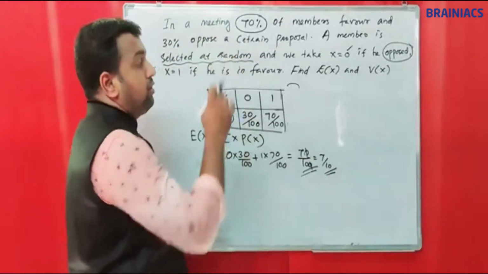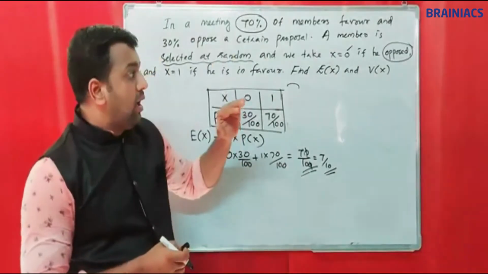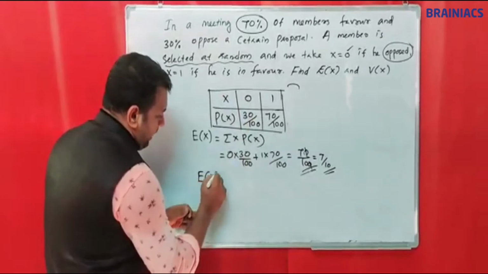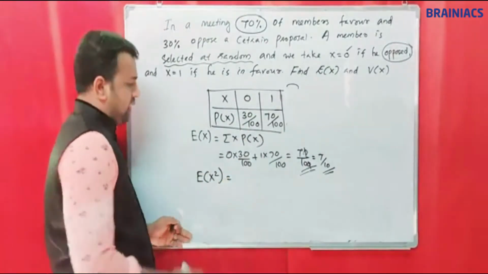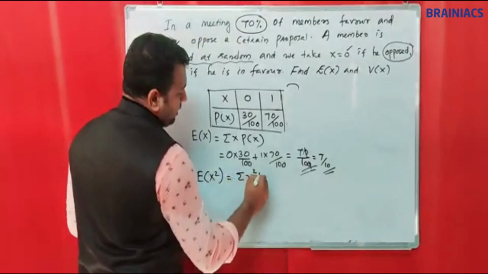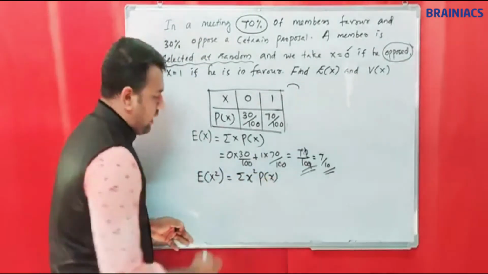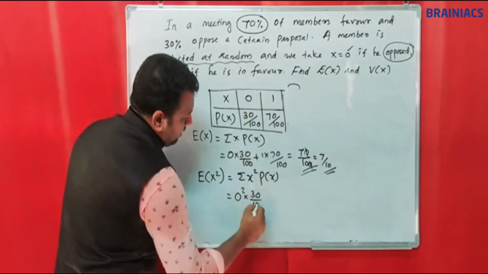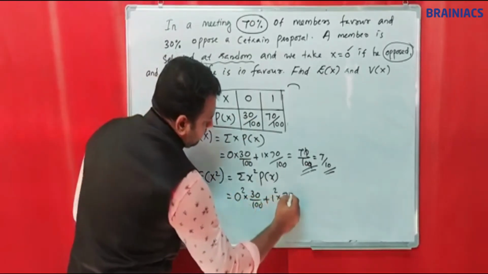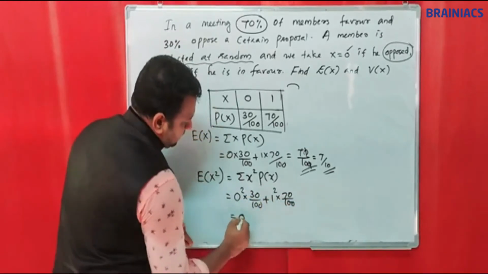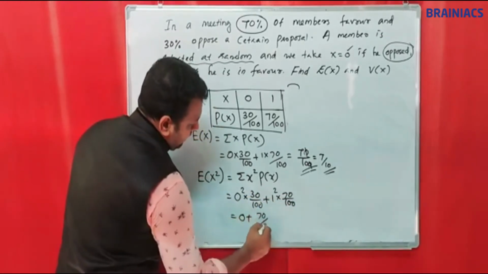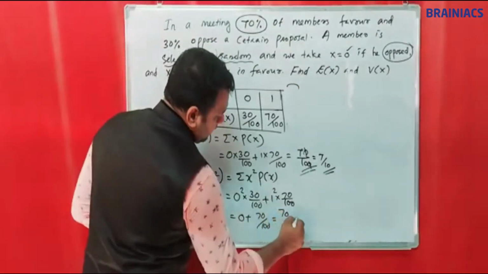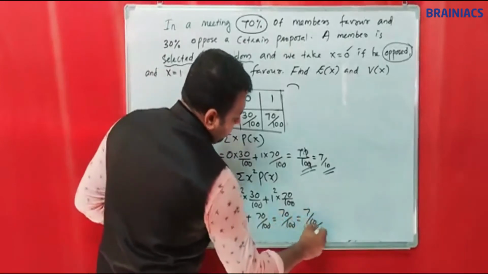Then we have to find out variance of x. Before that, we must find out the value of expectation of x square. Expectation of x square is equal to what? Sigma x square into p of x. That means 0 square into 30 by 100 plus 1 square into 70 by 100. So the answer is 0 plus 70 by 100, which is again 70 by 100, equal to 7 by 10.